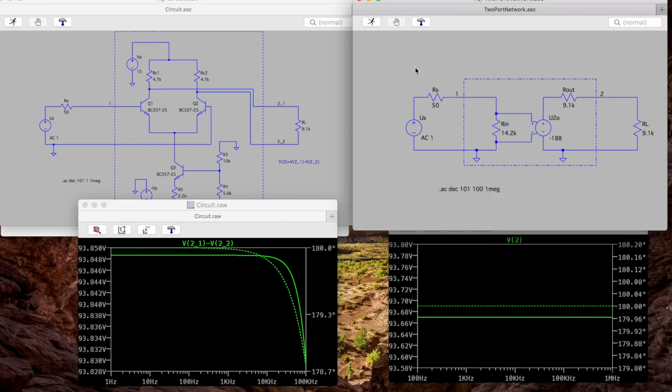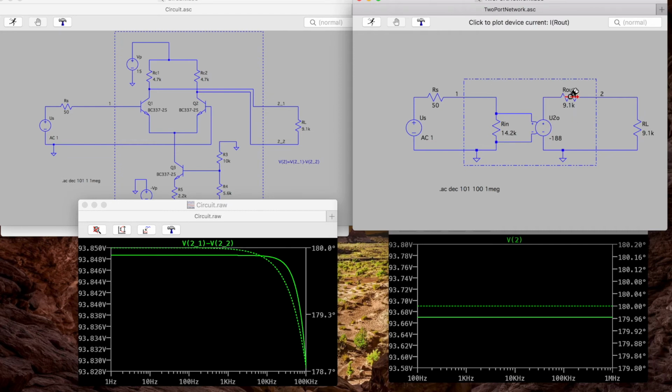Let's do a quick analysis of the result. As Rin is larger than Rs, U1 will be equal to Us. Then U2O is equal to minus 188 times Us in this case.